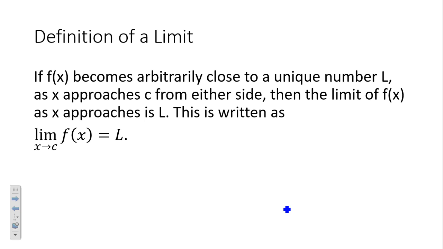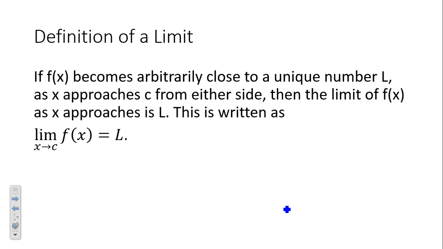So a limit, as f of x becomes arbitrarily close to a unique number L, as x approaches c from either side, the limit of f of x as x approaches c is L, and is written as this. Okay, so it looks kind of crazy.